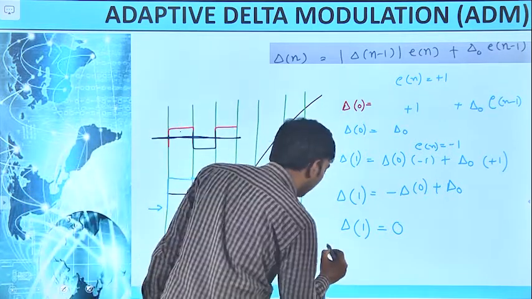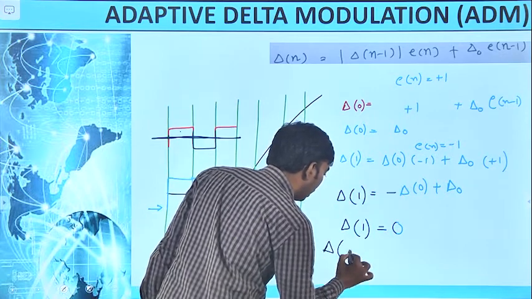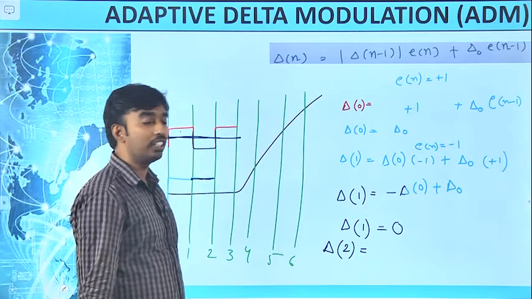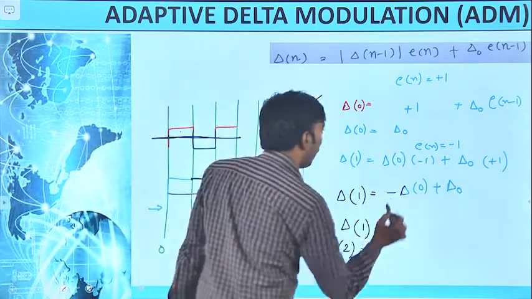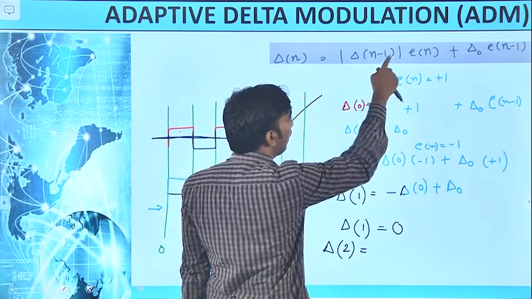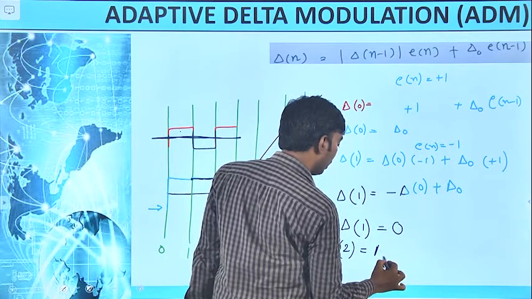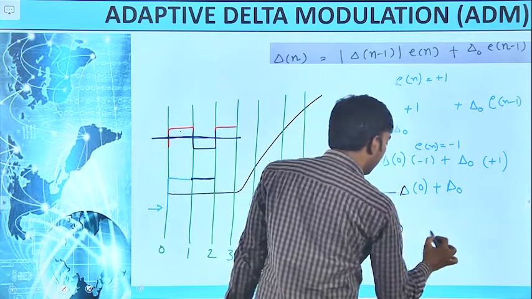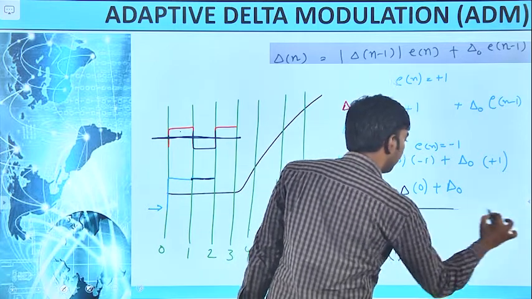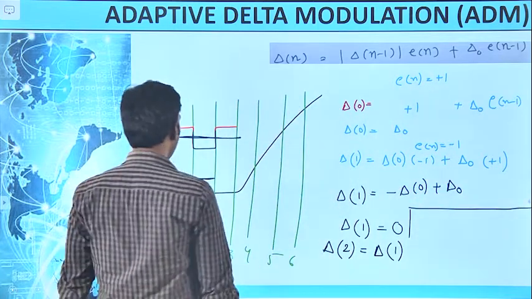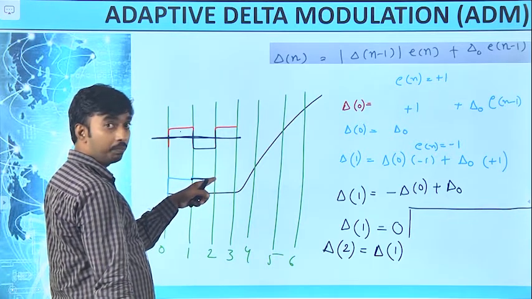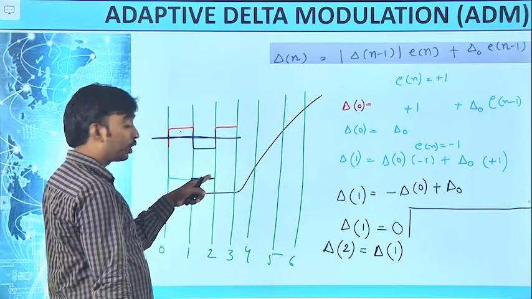Now let us see what happens in del of 2. Del of 2 is equal to del of n minus 1, that means 2 minus 1, that means it is del of 1. What is E of n here? E of n means the staircase signal amplitude is positive.